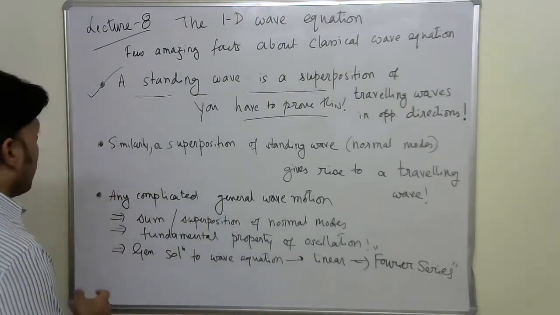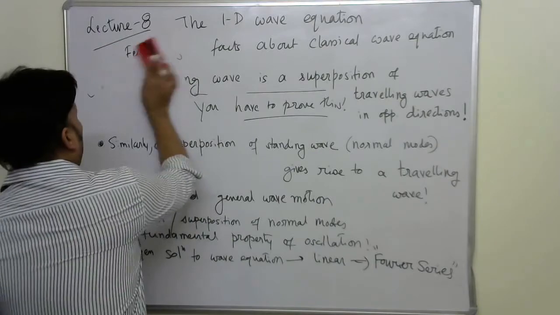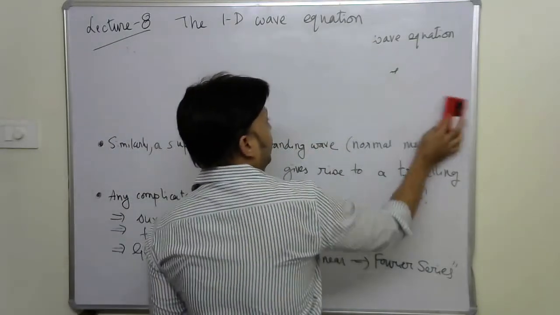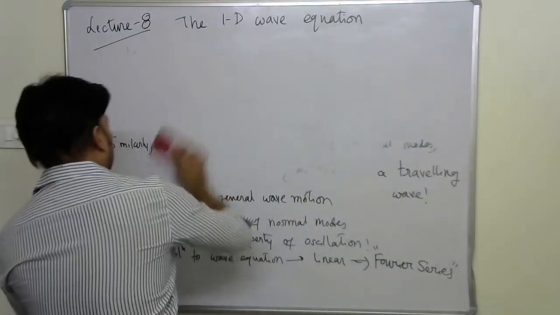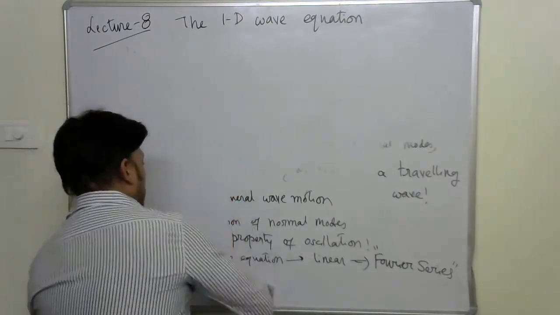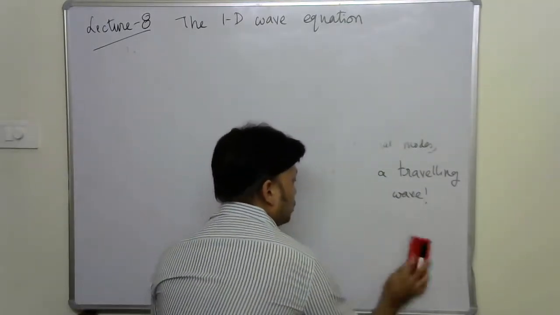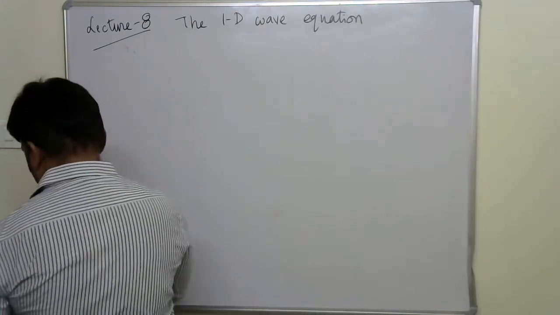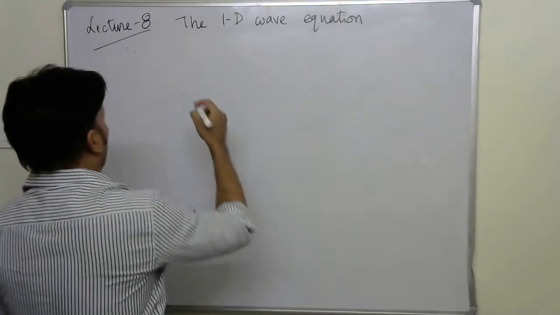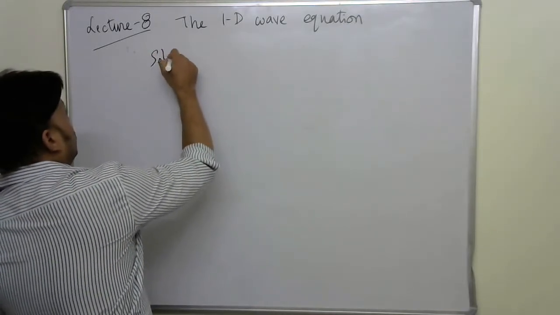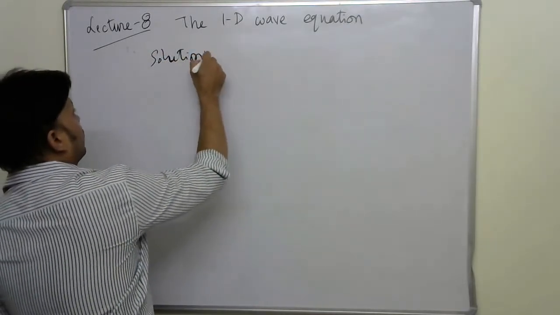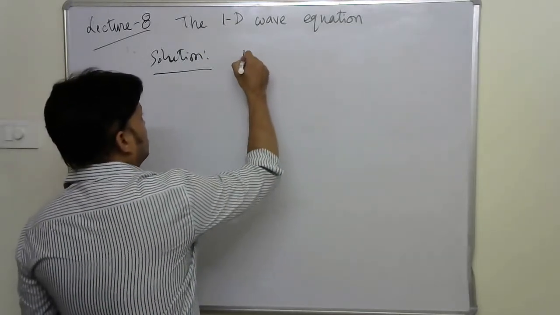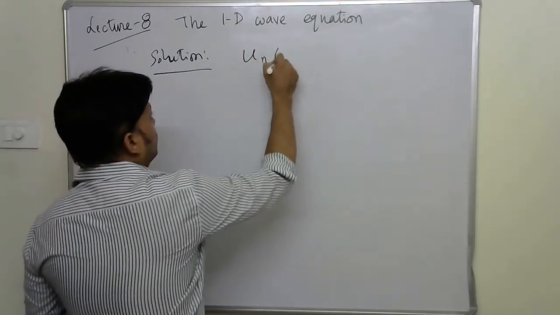So these three are the most striking features of the vibration of the one-dimensional wave equation, or the vibration of a string. Now before we finish, we would like to tell you something. Whatever we have seen so far as a solution to the vibrating one-dimensional string, the solution of the vibration of a string is represented in terms of this.